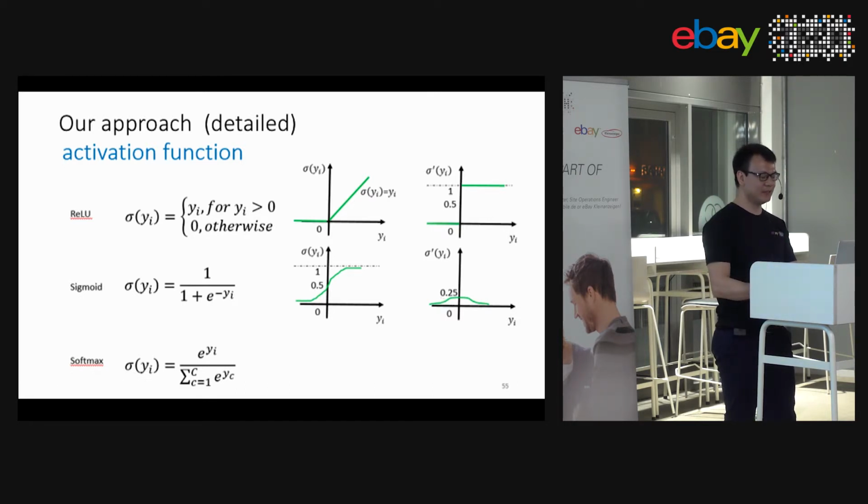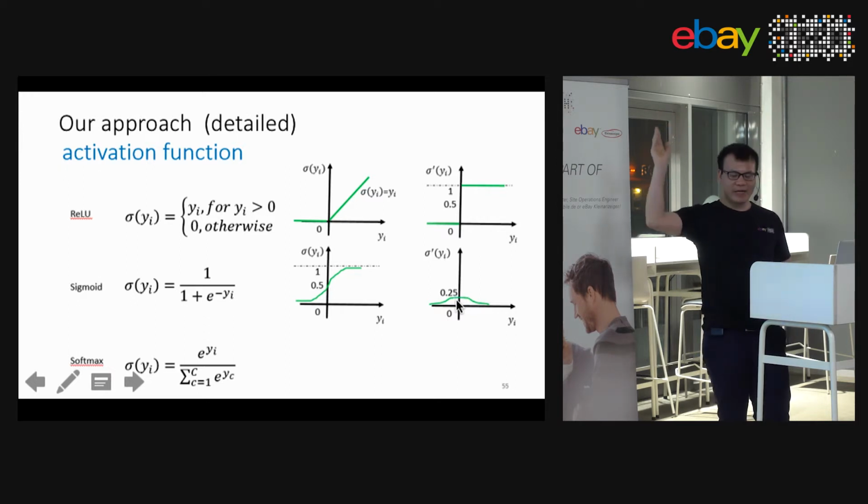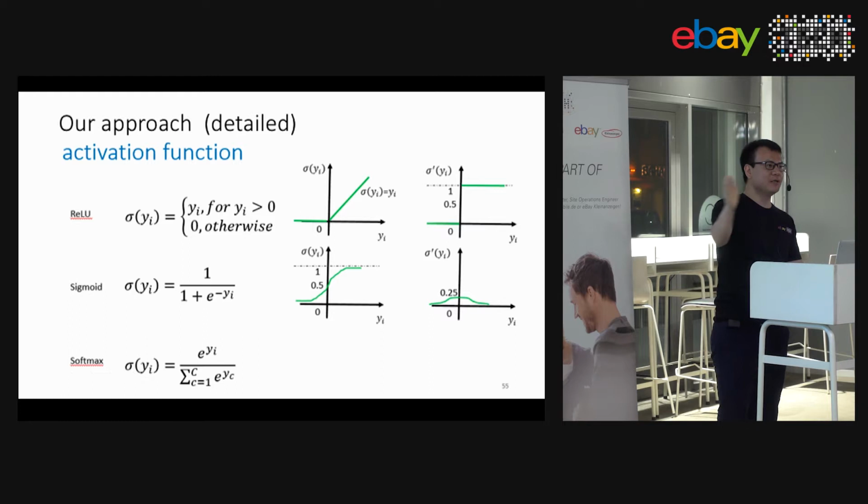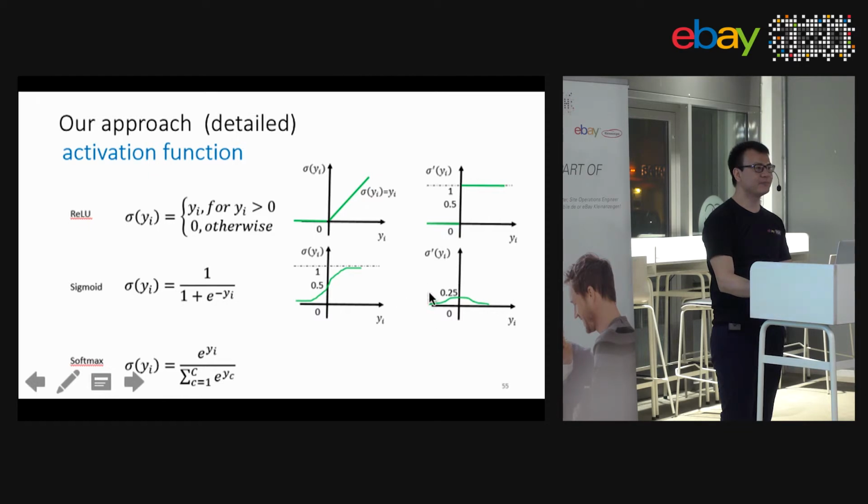You can see this is the first order gradient of the sigmoid function, and the maximum value is 0.25, so it's 1/4. This is a small number. Every time I calculate the gradient passing a nearby layer, I need to multiply by this gradient, following the chain of gradient calculation.